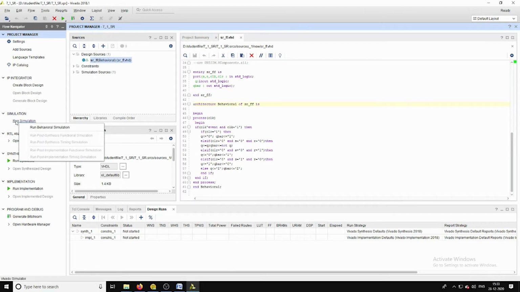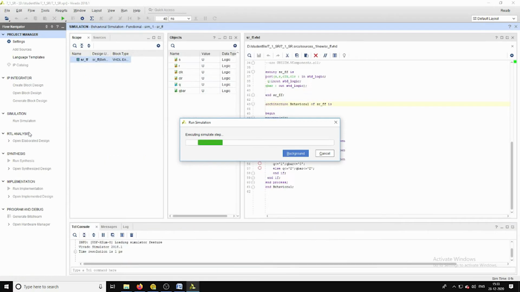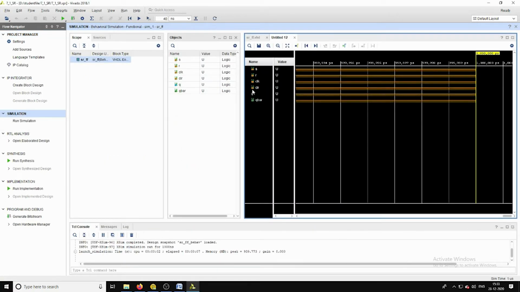Now, for this program, let us do the simulation in order to verify its output states.